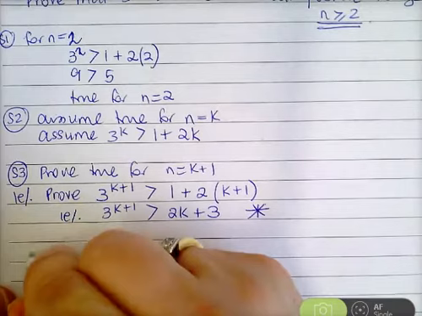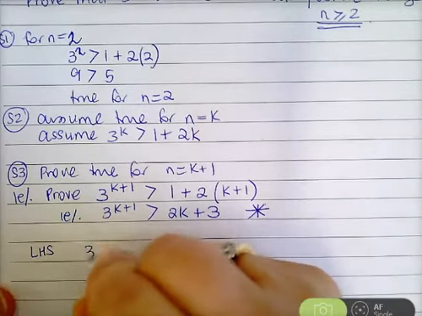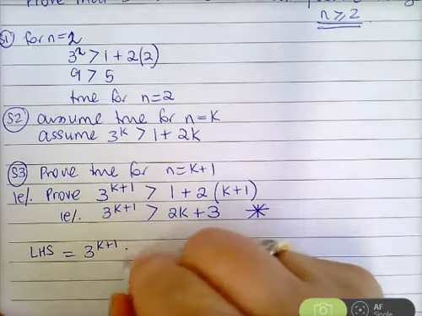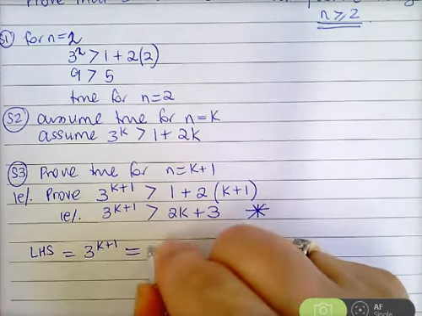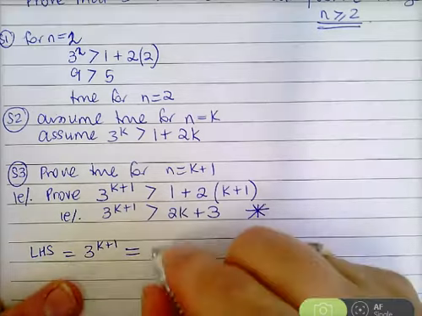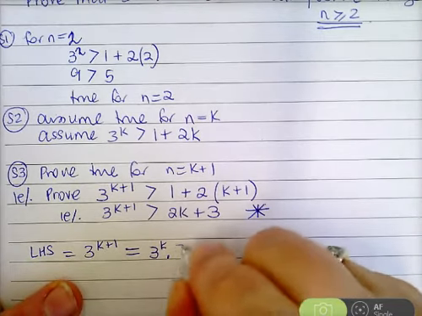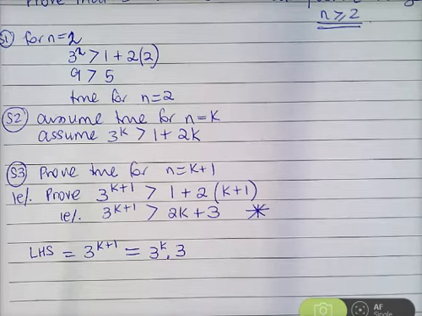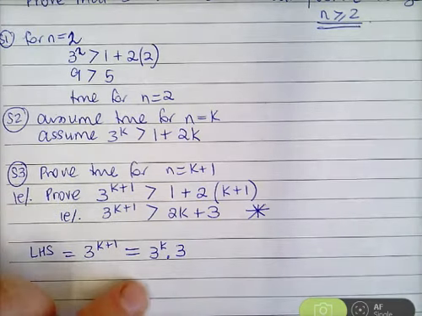So let's start with our left-hand side. We've got 3 to the power of k plus 1. What does that equal? 3 to the power of k plus 1 is equal to 3 to the k times 3. Now, look at the assumption. They're saying that 3 to the power of k is greater than 1 plus 2 times k.